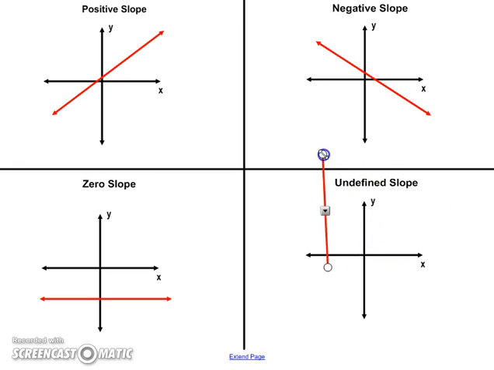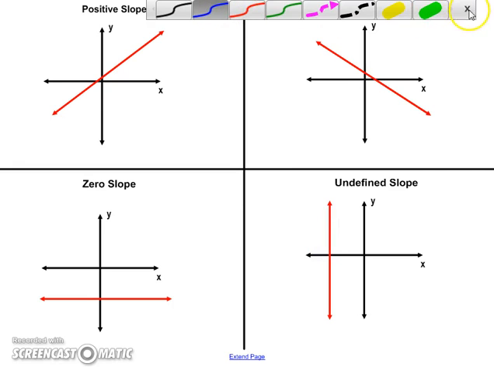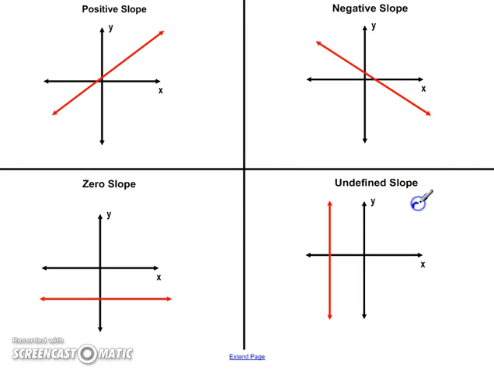A slope that is undefined is a vertical line. And the reason we call it undefined, if you think about our rise over run relationship, remember slope is rise over run, we have two issues. If we pick any two points on this line, we could have a rise, for example, from there to there.